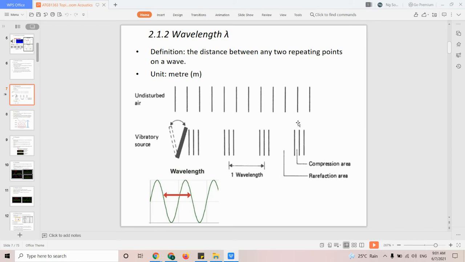So when it comes to building services in a room, we want to try to eliminate repeating wavelengths.